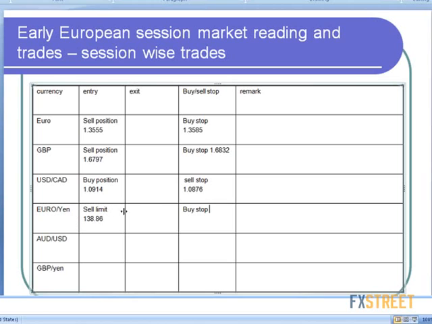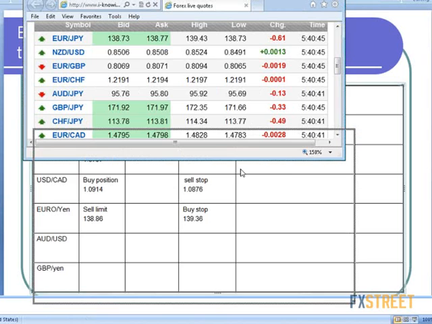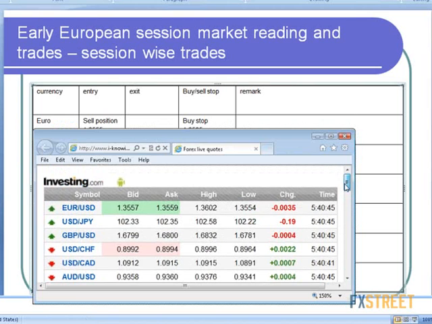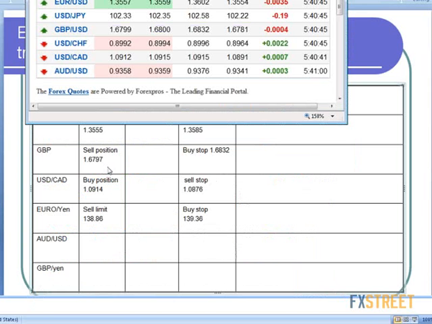So even though it is only an order, still you can keep the hedge order 50 pips above, the buy stop. In the case of crosses, we need to keep a 50 pips hedge order. So these are all the positions I had taken, and now you can just watch how exactly the market is making the moves, and you can watch it carefully and find now Euro is in 2 pips loss, and GBP is also in 2 pips loss.